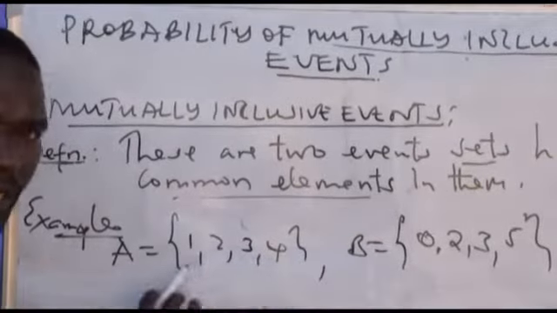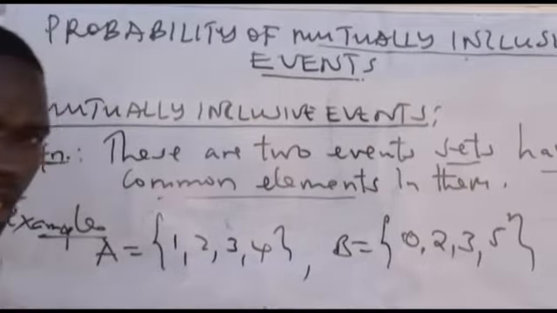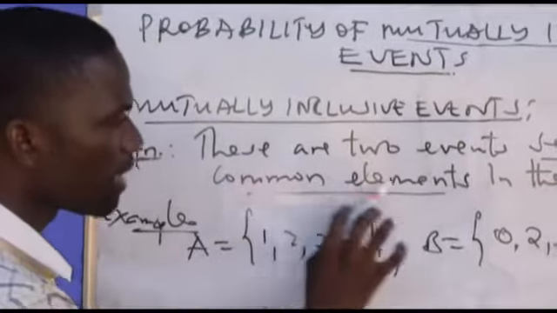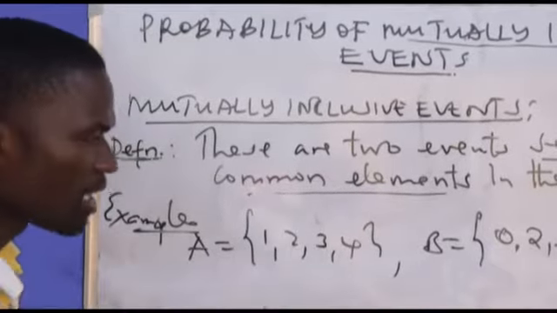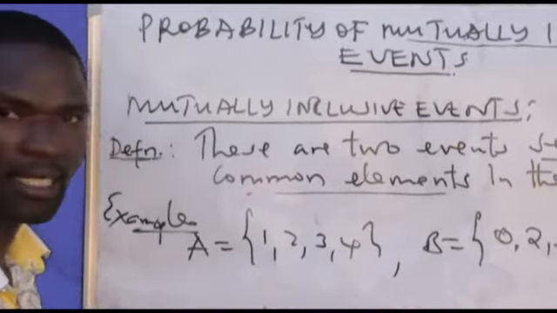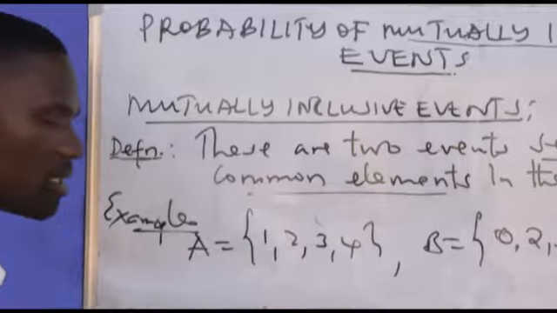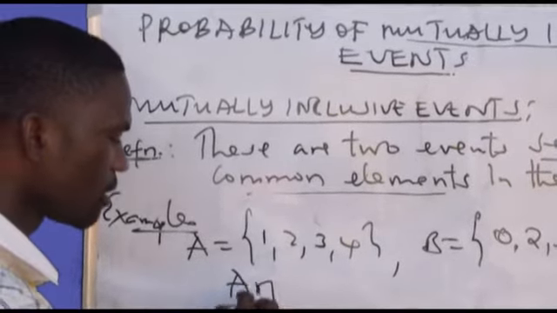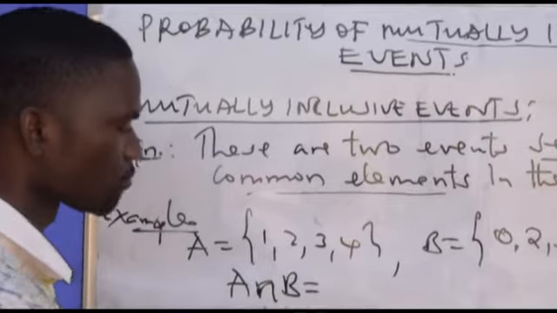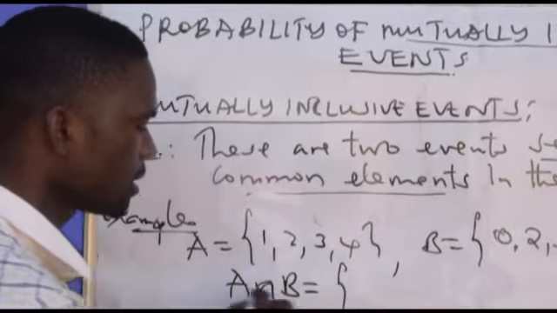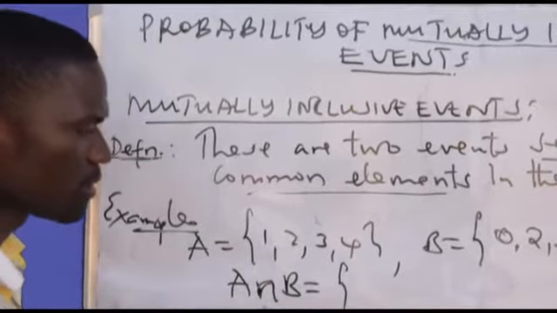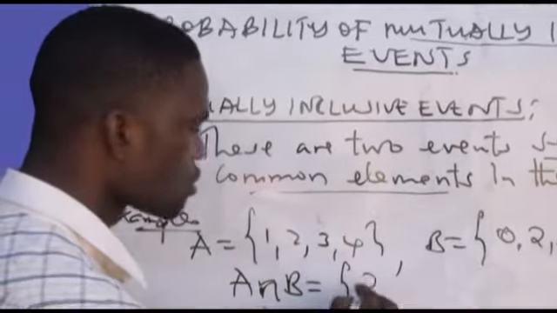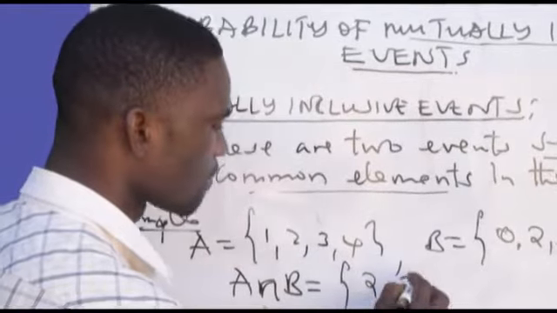With these two sets, you can see there exist common elements, and the common elements are described as the set A intersection B. So the set A intersection B consists of members 2 and 3.